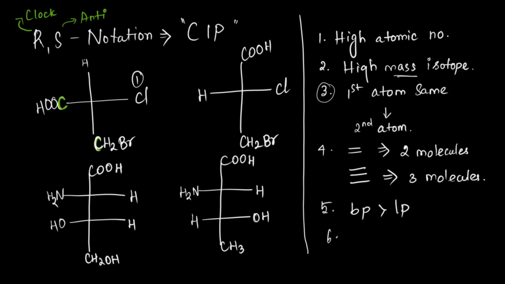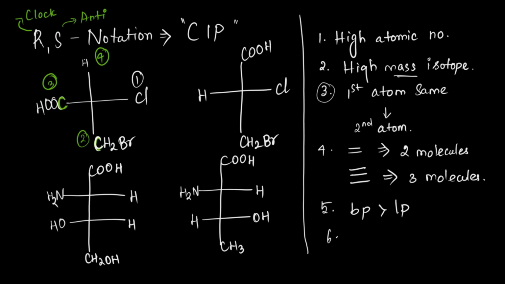So what about here? COOH: carbon is attached with double bond O and single bond OH. Right? So the second priority goes to CH2Br, the third priority is the carboxyl group, and the fourth priority is hydrogen. Now, one rule you have to remember: you are going to find the path, whether it is clockwise or anti-clockwise.